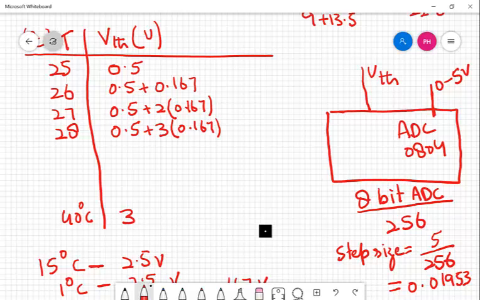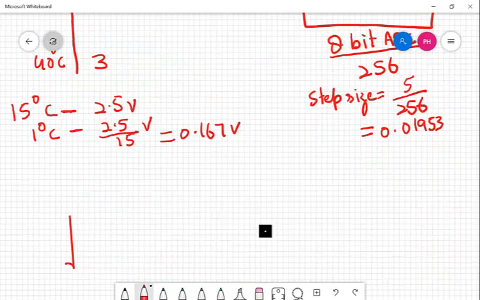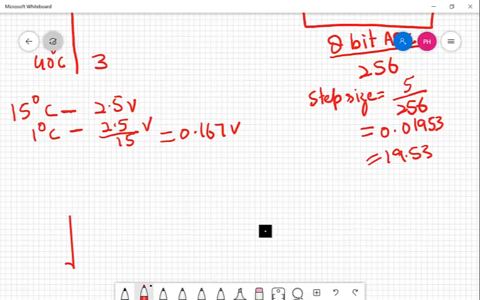Is that okay? So that we can also write as 19.53 millivolts.